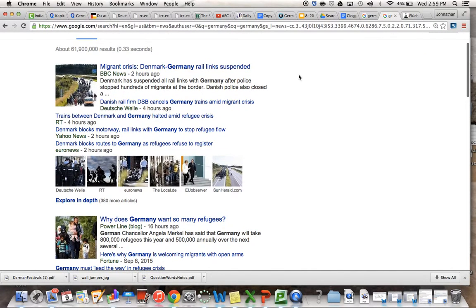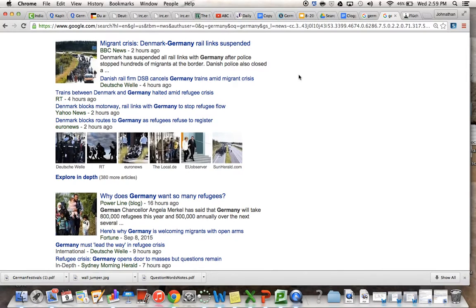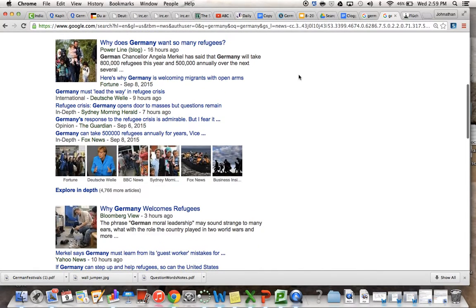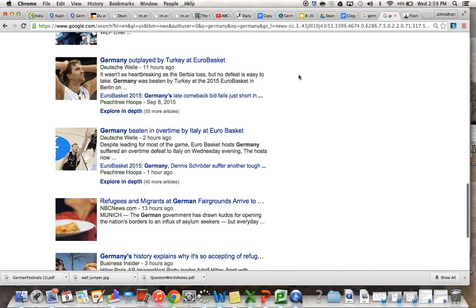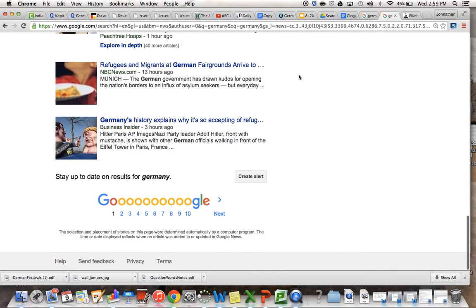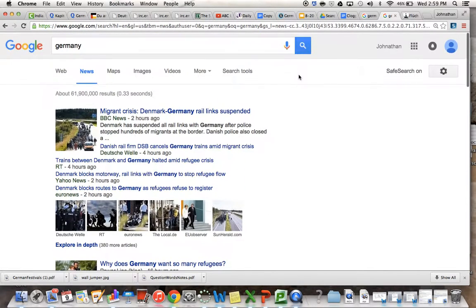Talk about some of the major headlines, what's going on in Denmark and Germany with their rail links, with all the refugees trying to get to Germany and to Sweden. Talk them through some of these news articles. Looks like some sports fans would be able to find news about world championships in basketball, etc.